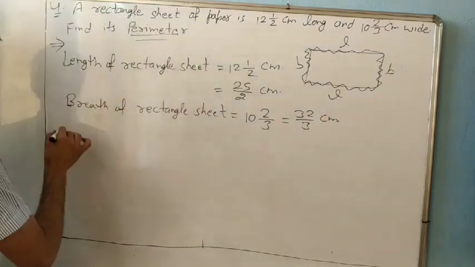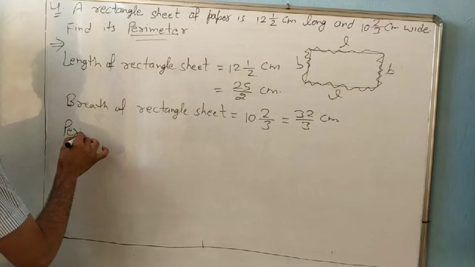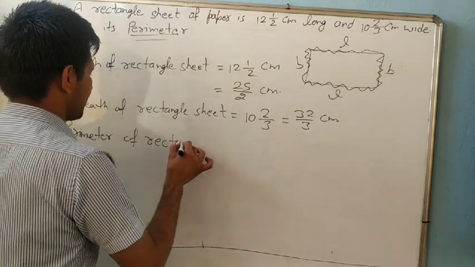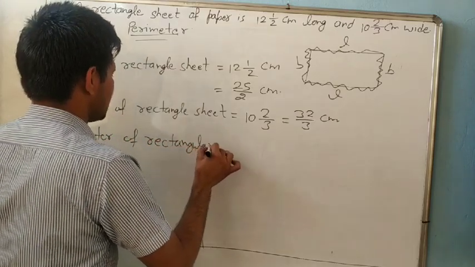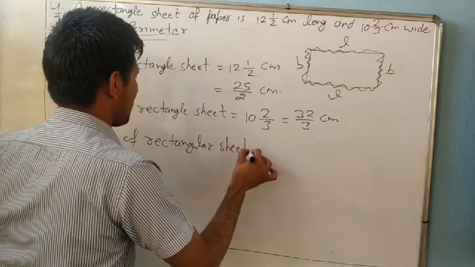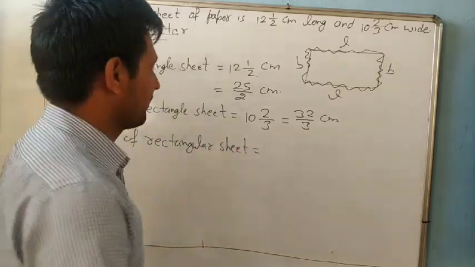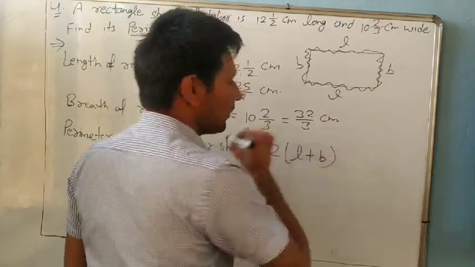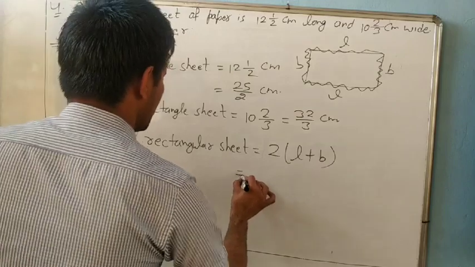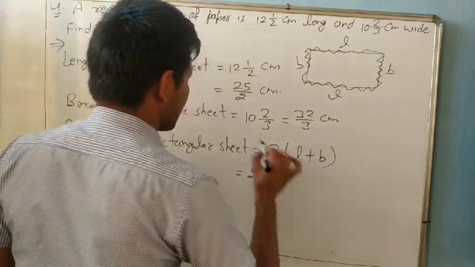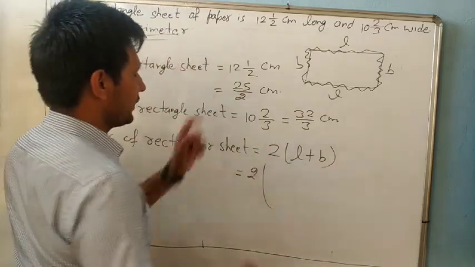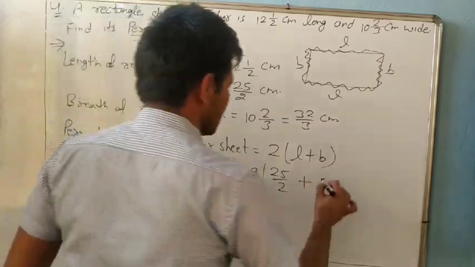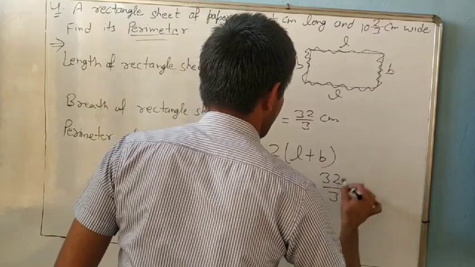So now the perimeter of the rectangular sheet. The formula for the perimeter of a rectangle is 2 into L plus B. So 2 bracket, 25 divided by 2 plus 32 divided by 3.